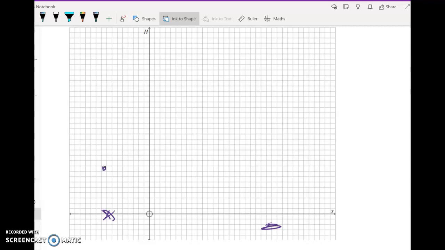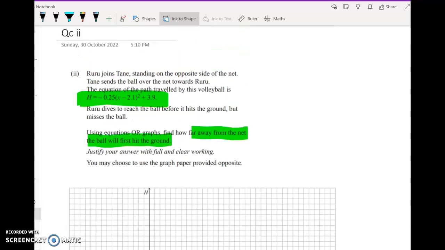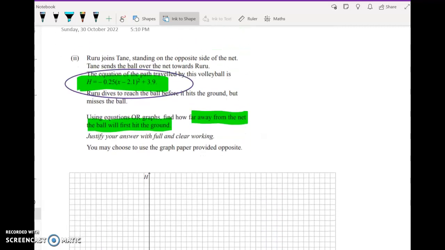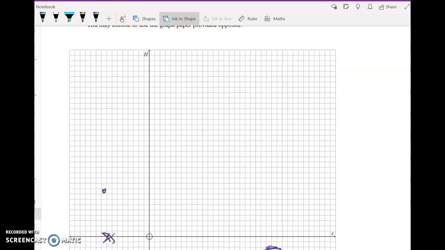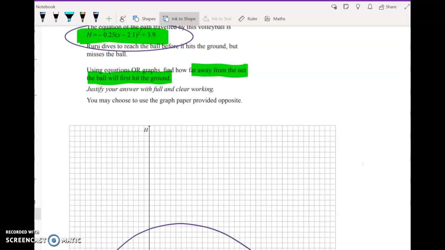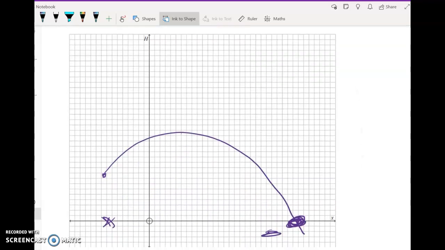So what have we got? Well, we've got some kind of path here given by this equation. So things that I can see here is that this is a bad graph, right? I'm going to get rid of this, but it's going to be something like this. And I'm asking, what is this point here? Where does the ball hit the ground? And we know that the vertex is at 2.1 here and 3.9 here.